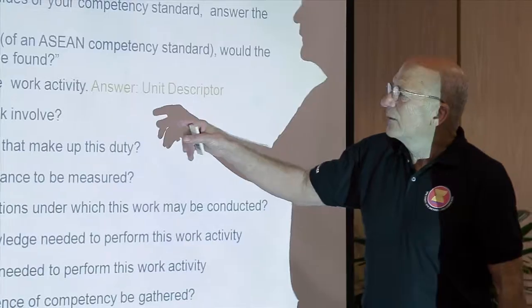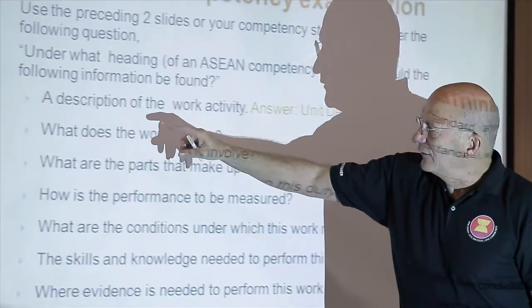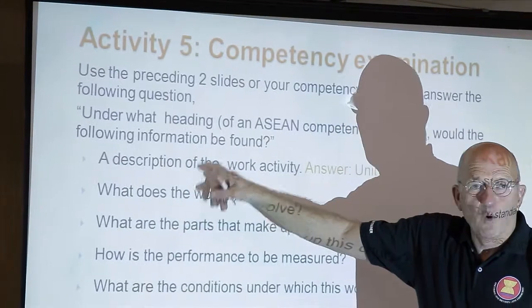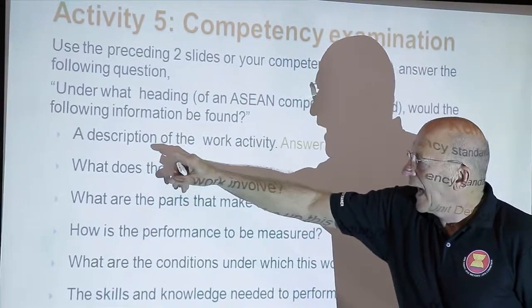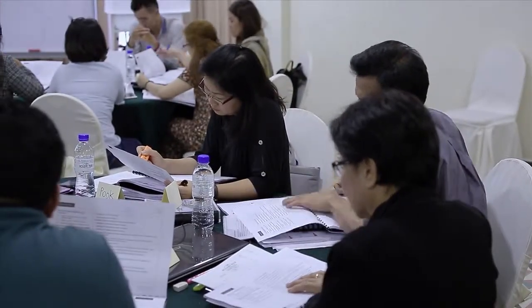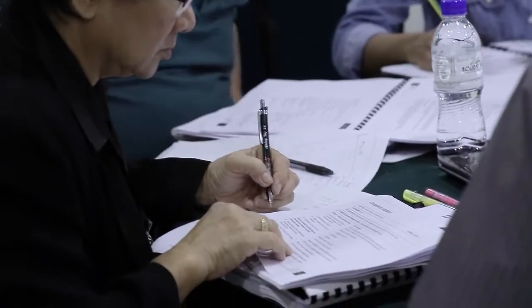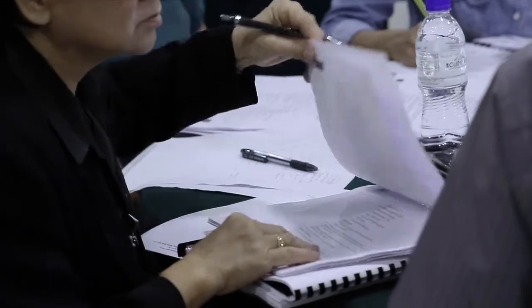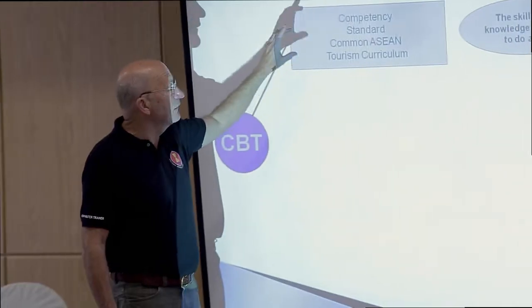Following the explanation, students are then broken up into groups and they do a competency examination. We ask them to look at a number of questions using slightly different language, and we ask them to identify where the unit title is, how do you know if the job's going to be performed correctly, and they have to align these questions back to the various sections in the competency standard statement.